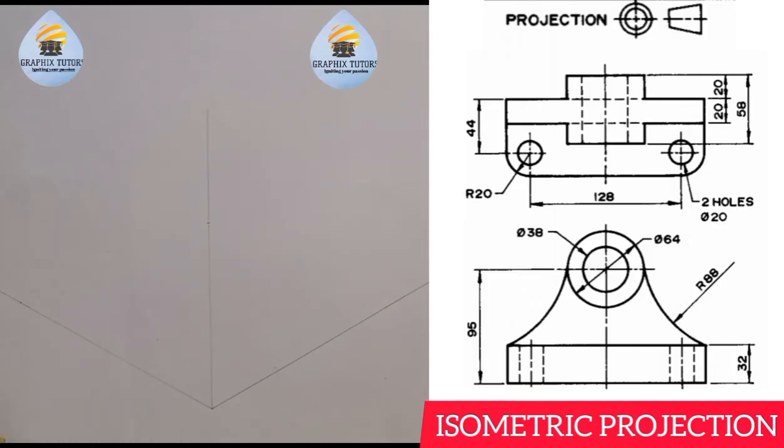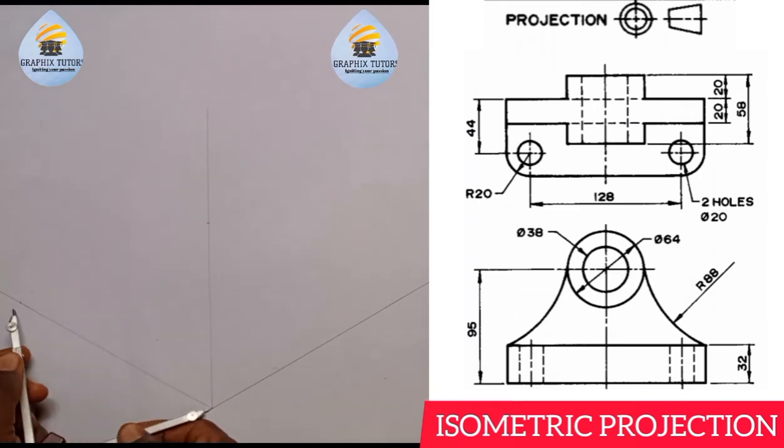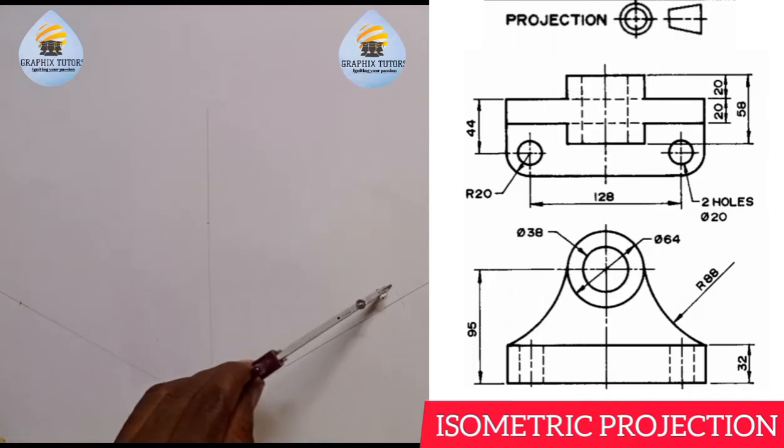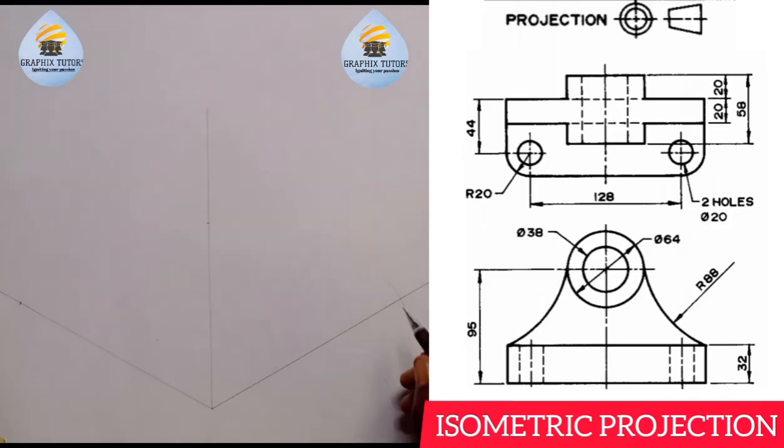I'll simply measure the same thing I measured here. I'll take my compass, place it at this end, move it to this point and mark. This is the other point it is meeting here.